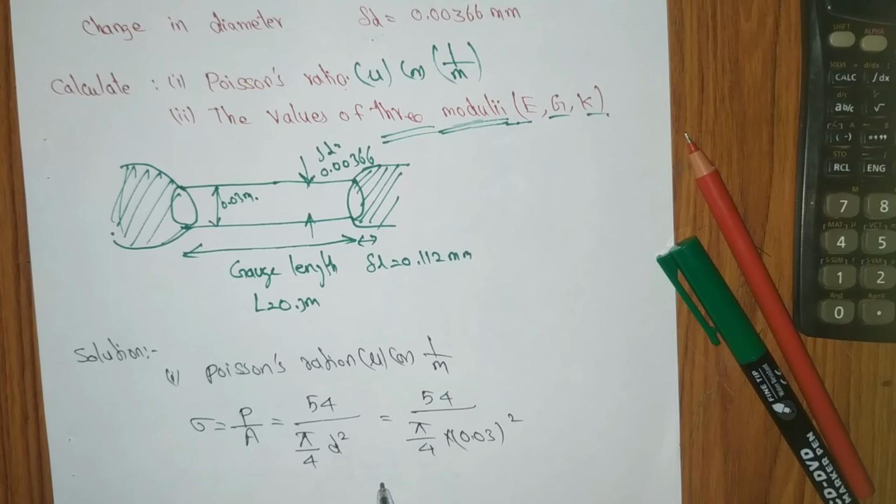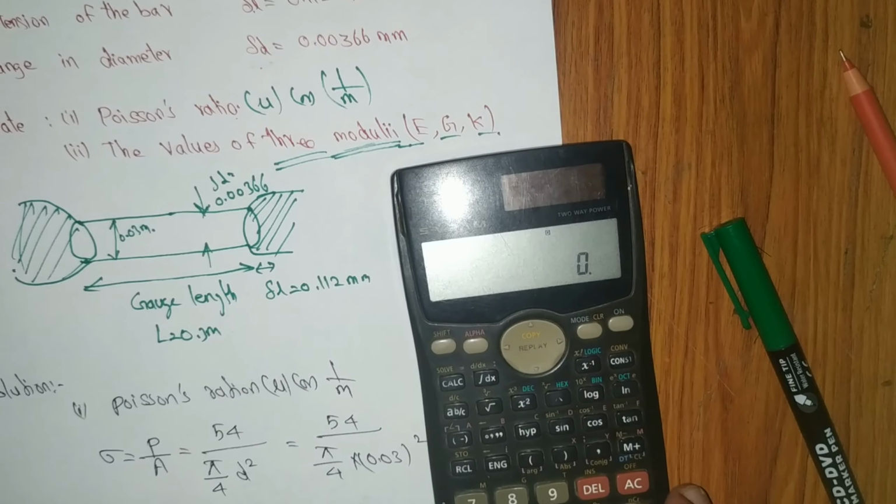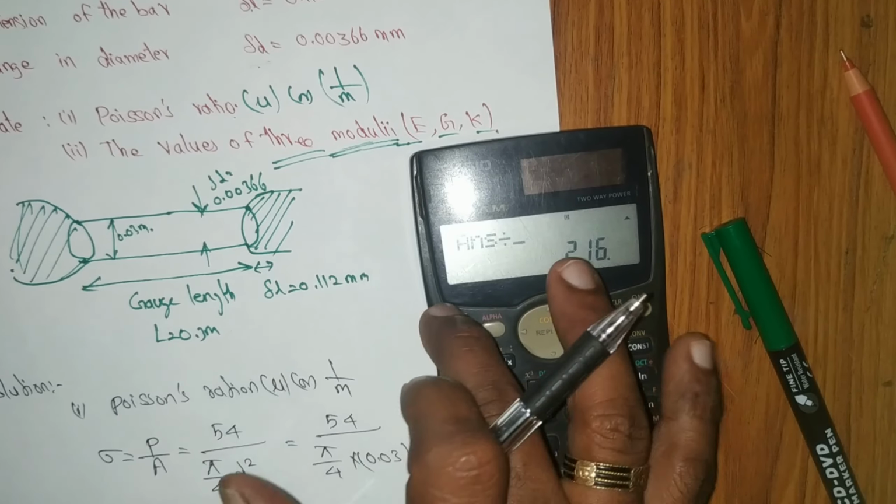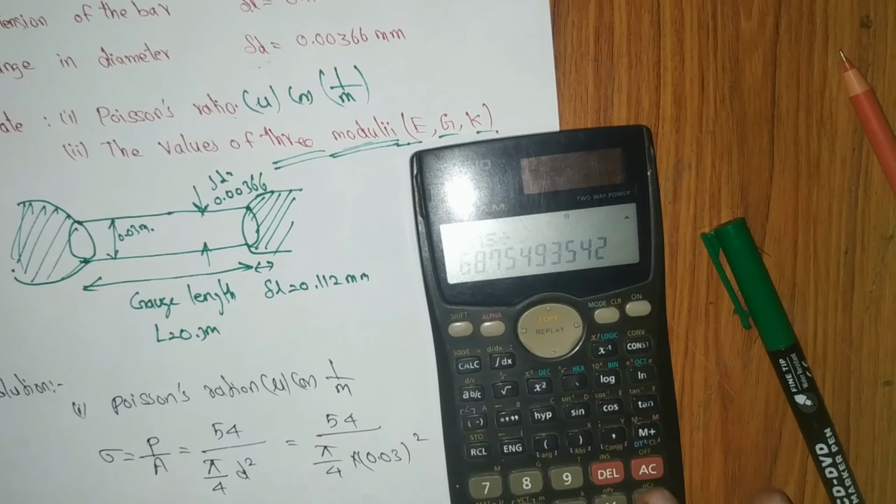So if you do the mathematics here, you have 54 into 4, divided by pi, again divided by 0.03, again divided by 0.03.